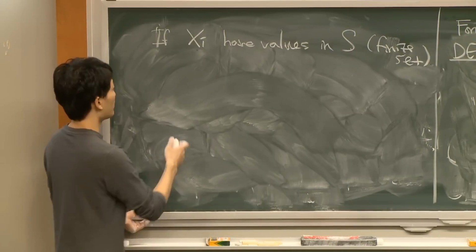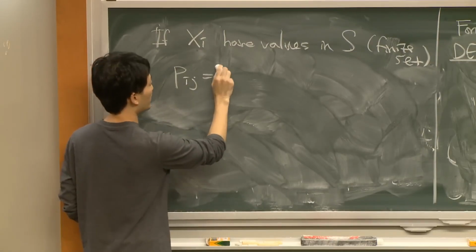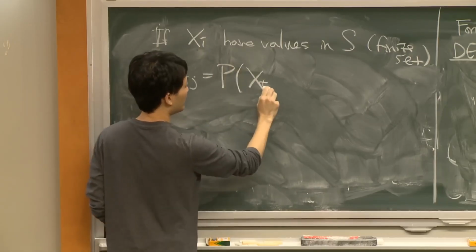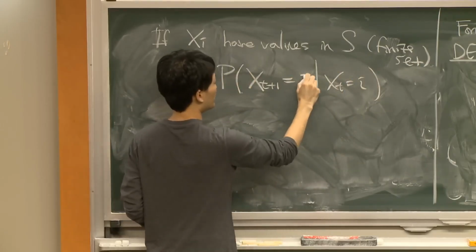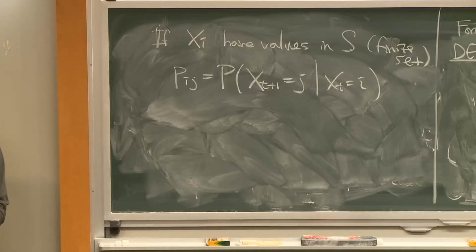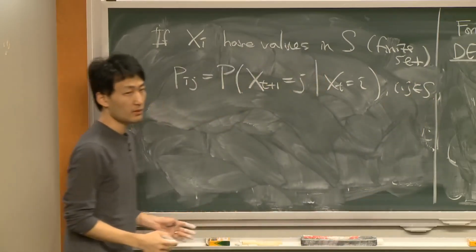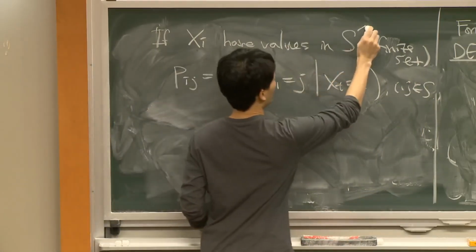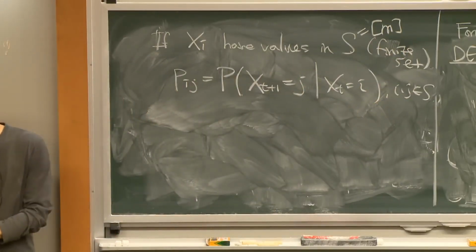Now denote P_ij as the probability that if at time t you are at i, you jump to j at time t plus 1. Just to make the notation for all pairs of points i, j. It's a finite set, so I might just as well call it the integer set from 1 to m, just to make the notation easier.